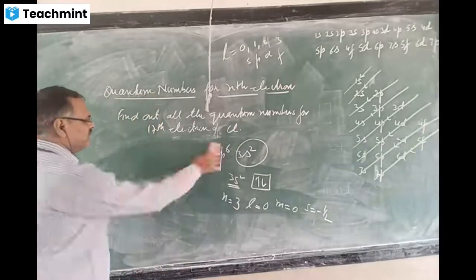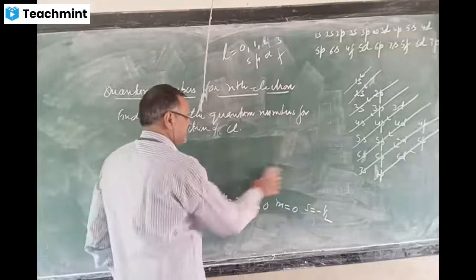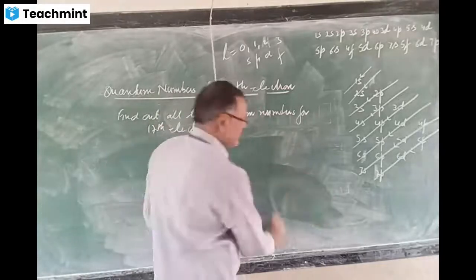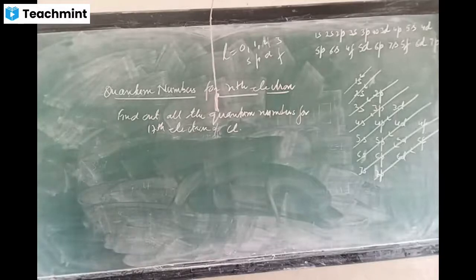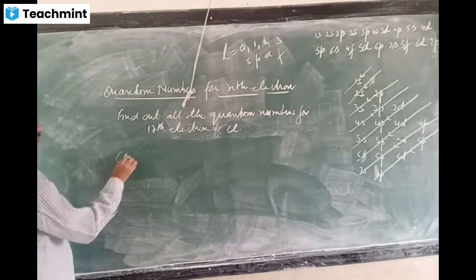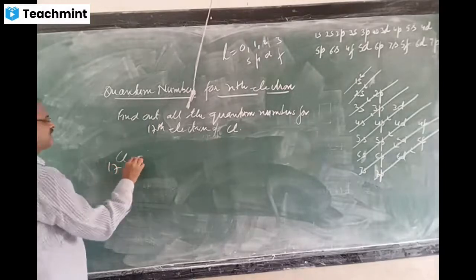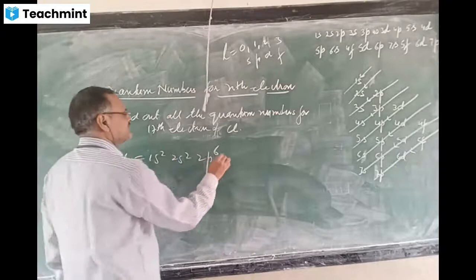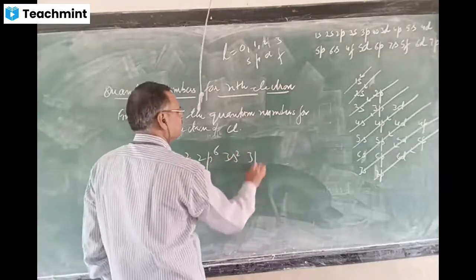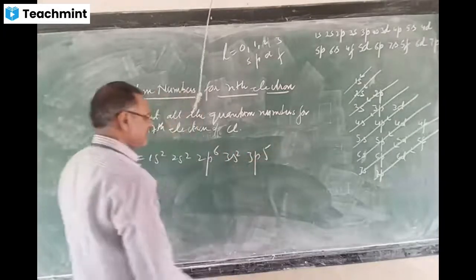So first of all, we have to write the electronic configuration of chlorine. This chlorine, atomic number 17, is there. 1s2, 2s2, 2p6, 3s2, 3p5.